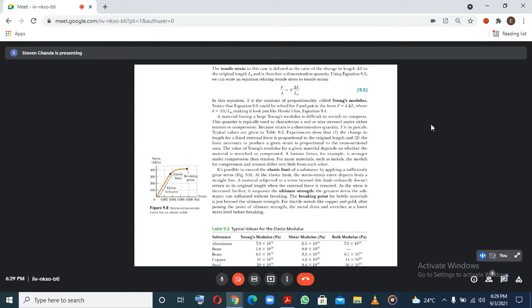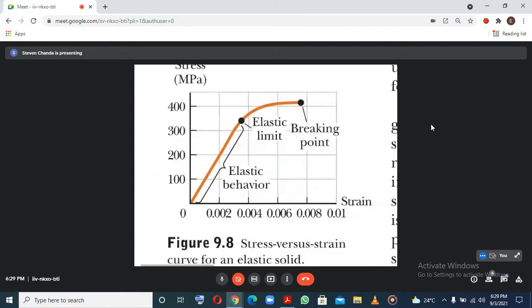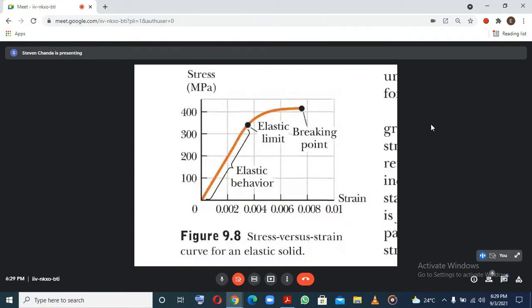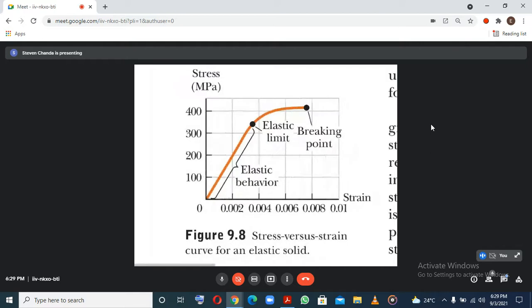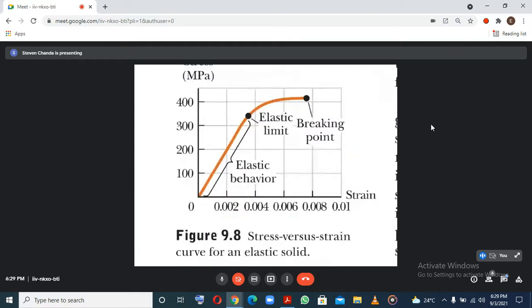So you can look at this diagram which I've zoomed in on your screens. Remember when I was talking about spring constant. So long as you are in this area and you don't cross that elastic limit, the proportionality of stress and strain is maintained, isn't it?